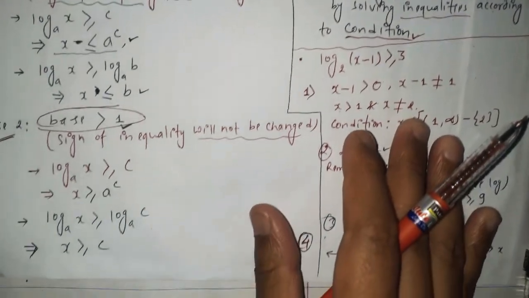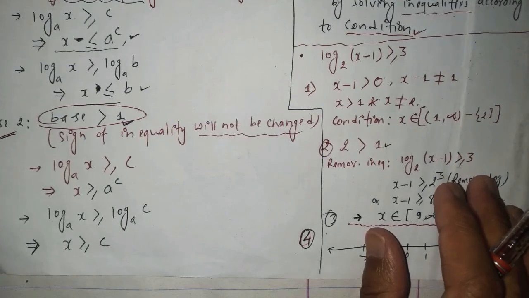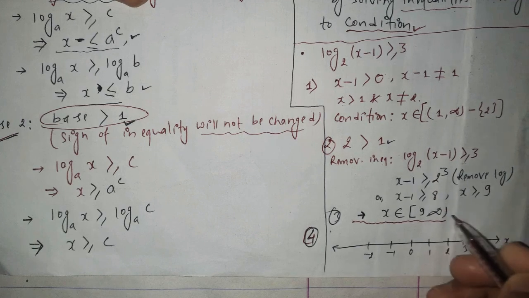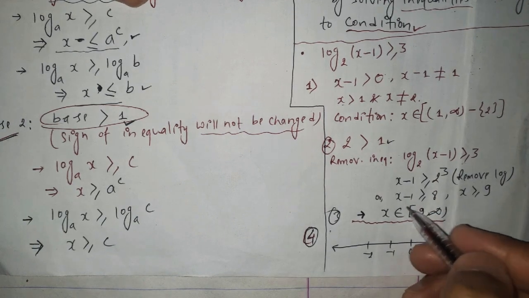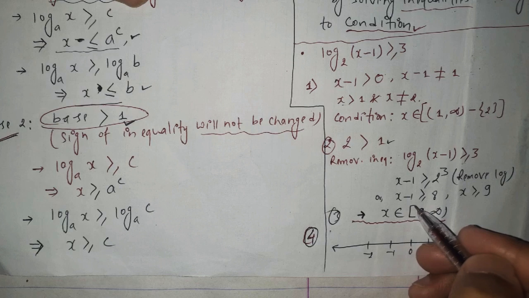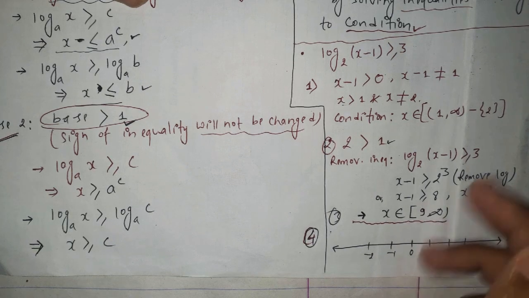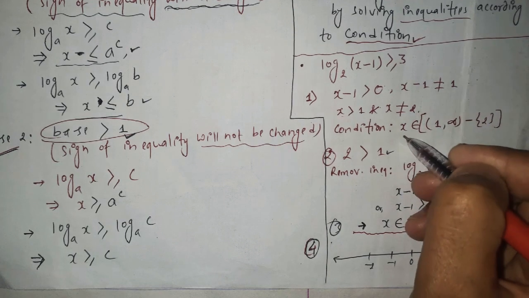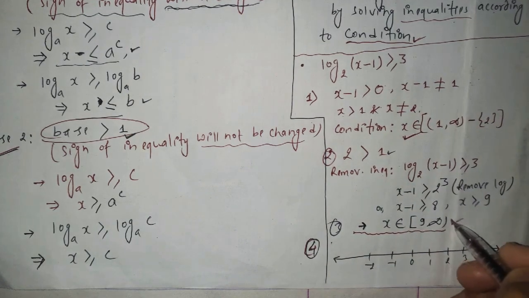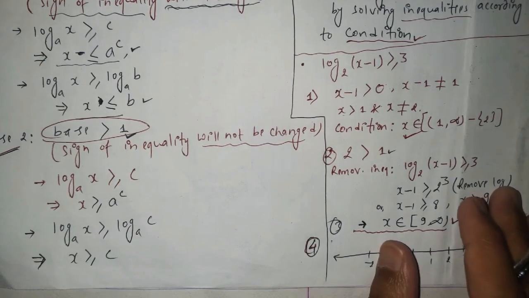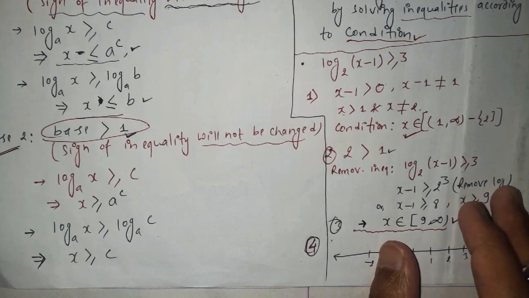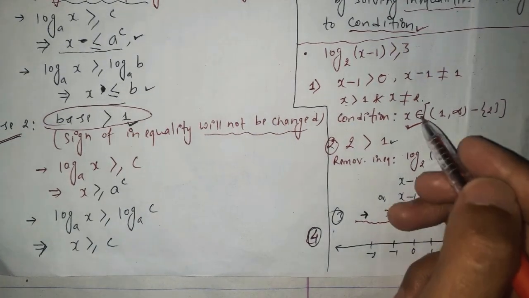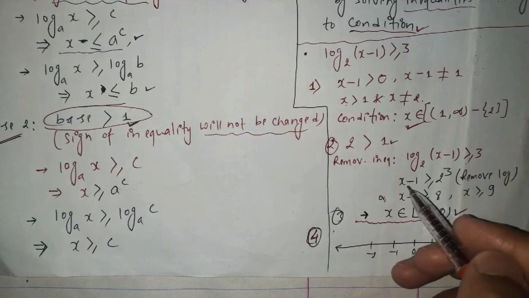We solve the inequality which is obtained after removing the logarithm, and the final step is choosing all the possible values of x satisfying both conditions, the first condition as well as this one. Let's calculate the possible values of x satisfying these two conditions. This means we are going to take the intersection of these two sets.